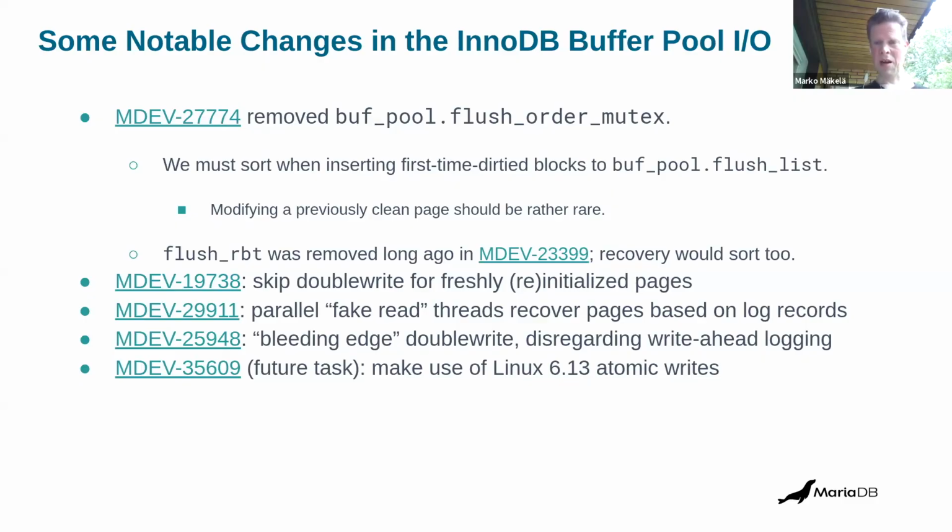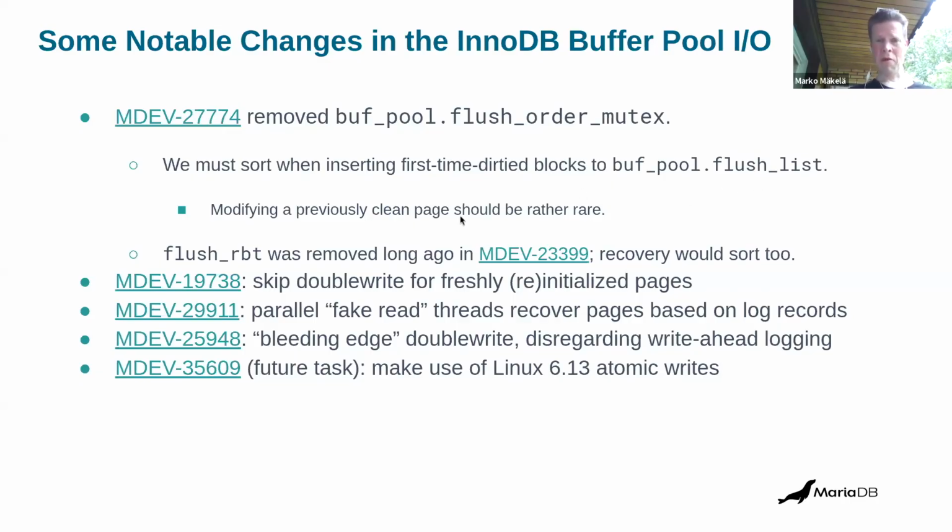But now we allow multiple mini-transactions to really commit simultaneously. What we need to compensate is that we must do some sorting when we are inserting blocks that were dirtied for the first time into the flush list. But this is a rare case.